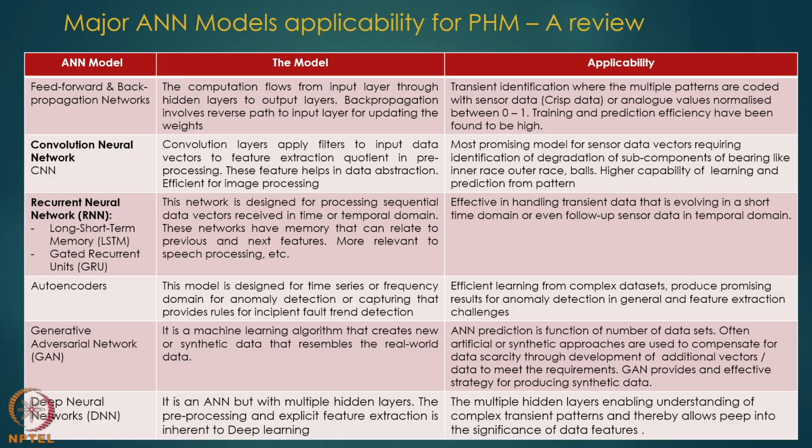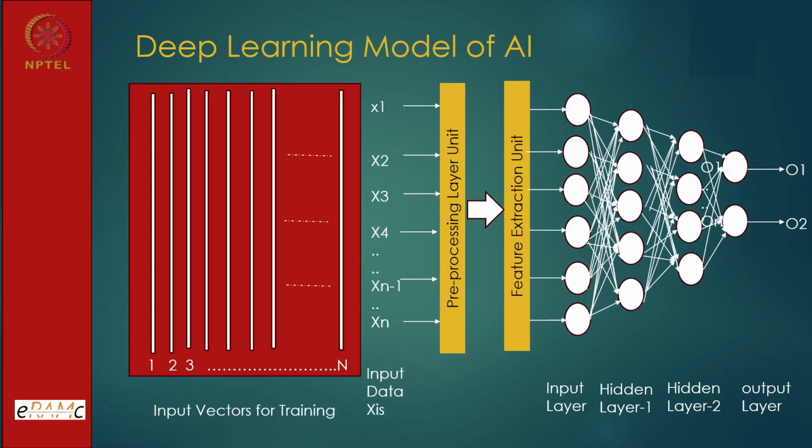Pre-processing, feature extraction, having more than one hidden layer, and extracting some signature from there also to understand how the NN is processing it. That is where the deep learning model comes in, and here is a simplified representation of a deep learning model. You can see we had n number of training vectors, and these training vectors were not put directly to the NN, which is what people were doing in the 90s.